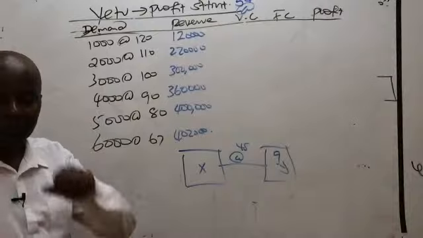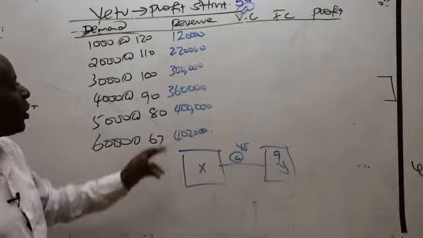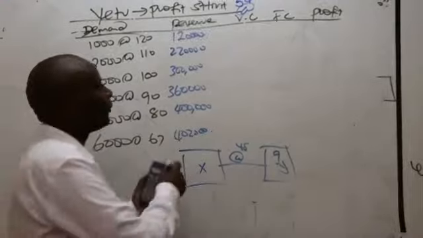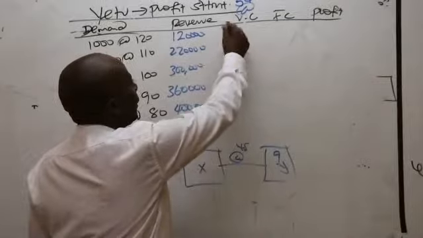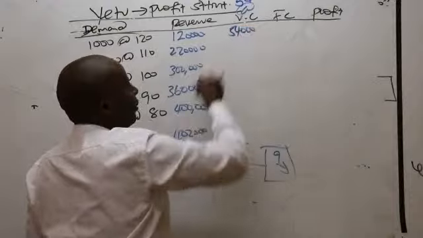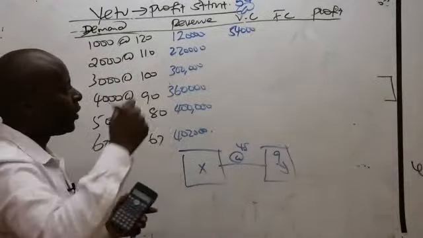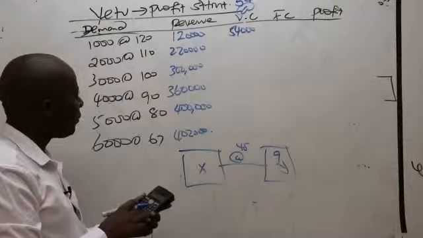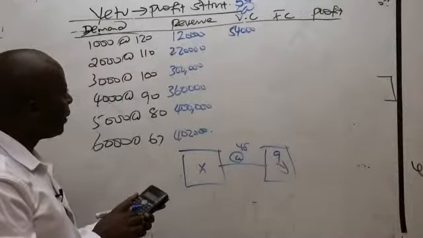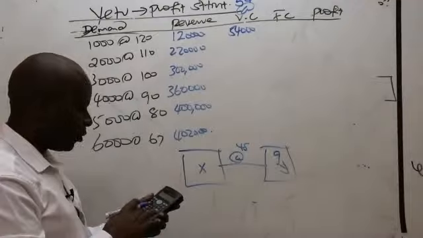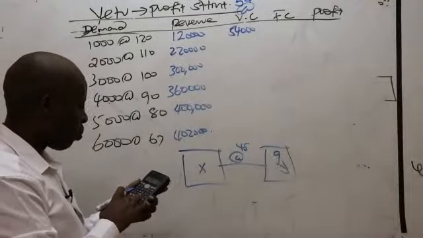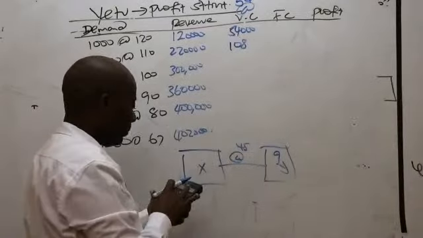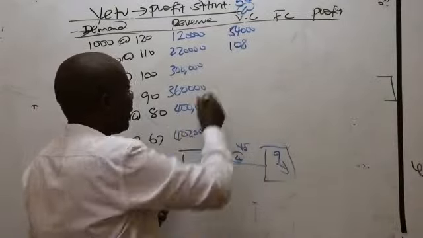Thank you very much. So 54 times 1,000 gives me 54,000. Very good. Now, ladies and gentlemen, after that, I have 54 times 2, which gives me 108, times 3, which gives me 162.